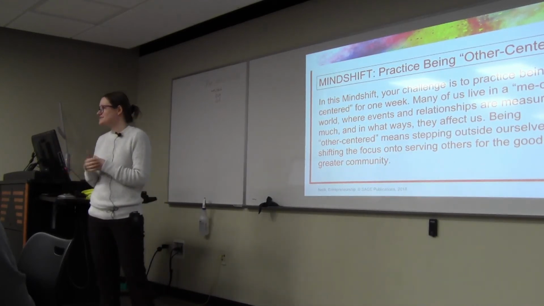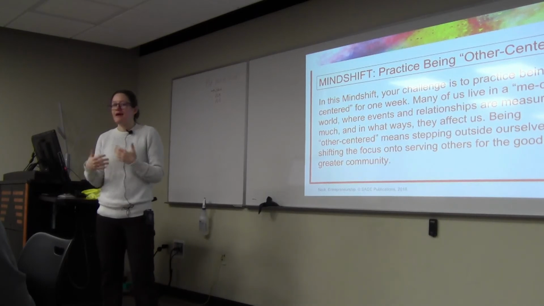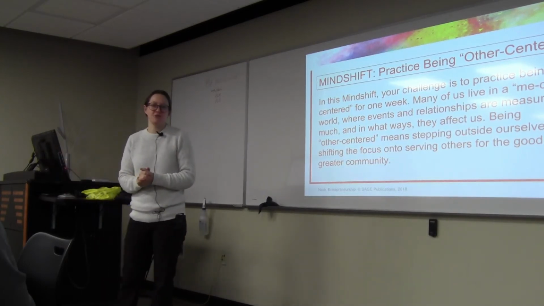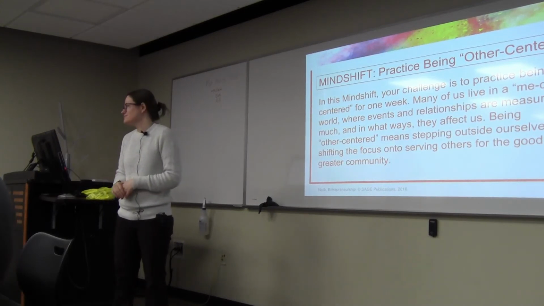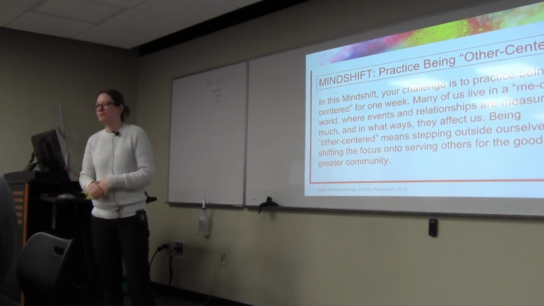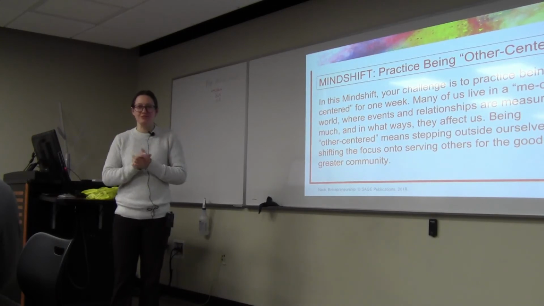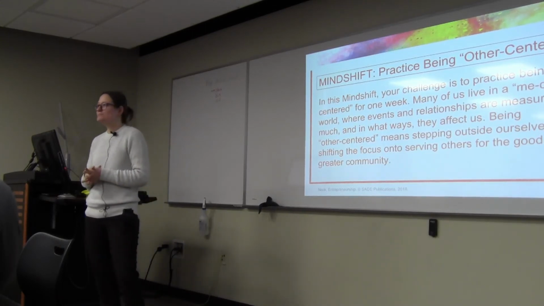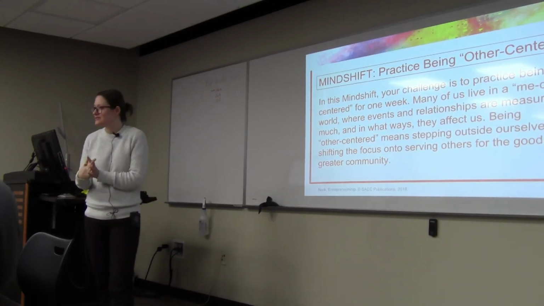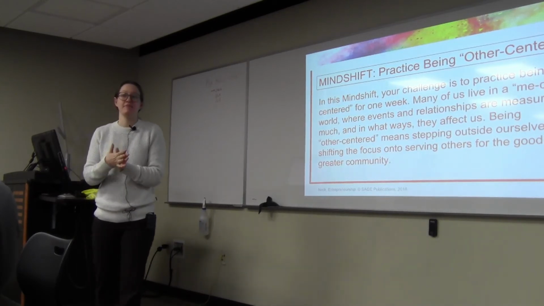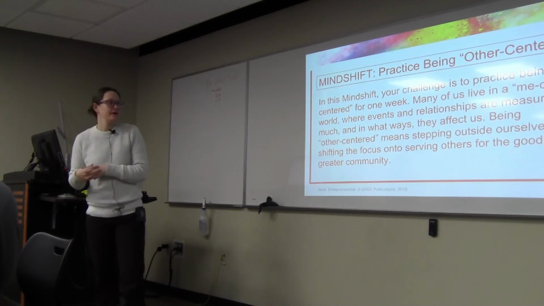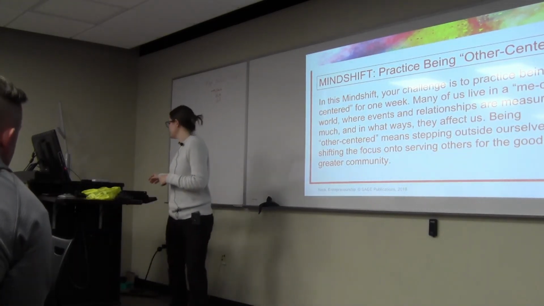Maybe try to be other-centered, so this is your challenge for the week. And just be like, you know, that's all right. This person is going to pay with cash, that's cool. I'll just stand here and maybe read a magazine, no big deal, right? Don't get stressed about it. So try to practice being other-centered this week and be respectful and contemplative of other people around you, all right?